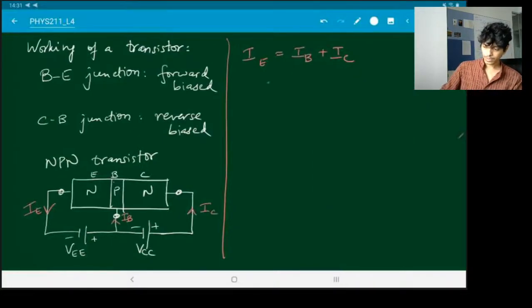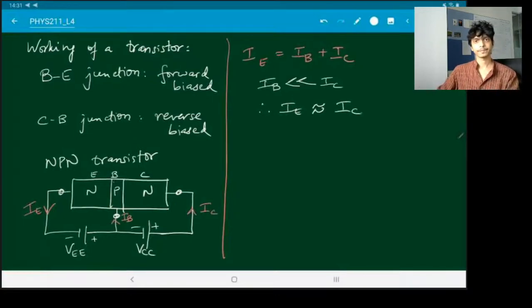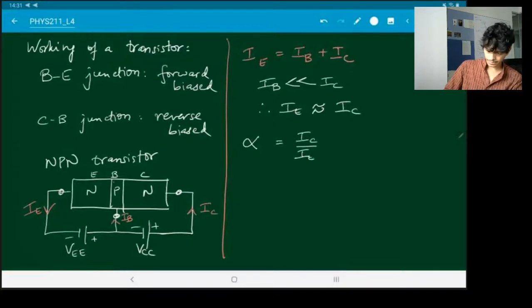Now usually IB is much less than IC. Therefore, IE and IC are almost the same. I'll define a couple of quantities over here. The first is what is called alpha, which is defined as IC over IE.